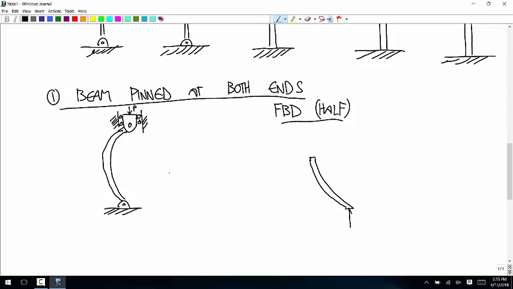We have an upward force P from the pin and a downward P here. Our coordinate system is this, which means the positive z-axis is out towards us, and a positive deflection is this way.